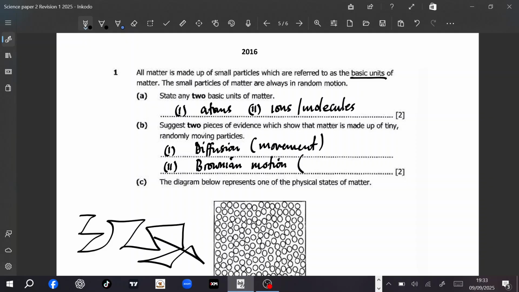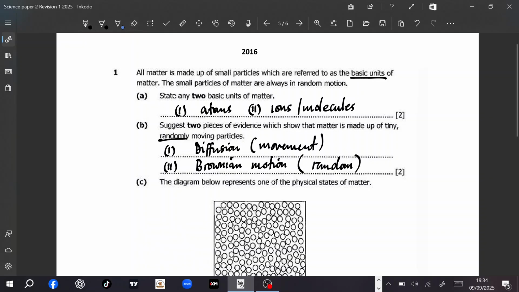So that kind of movement in zigzag is the one we call random. So Brownian motion supports that this movement you see in diffusion is actually random. It's not directed or in order. Random means not in order. So these are the two pieces of evidence.